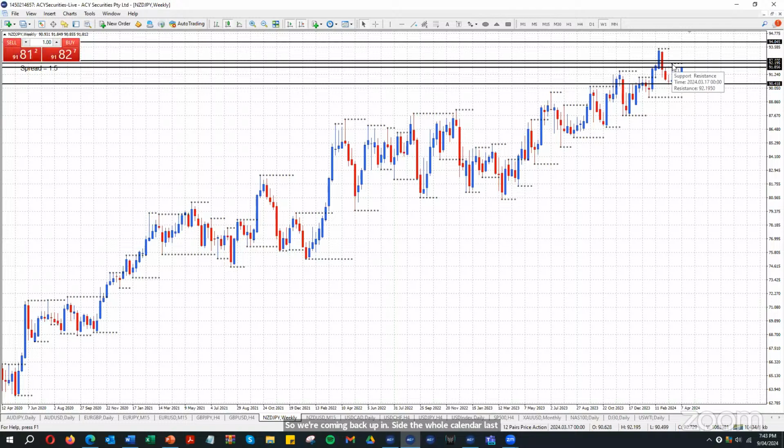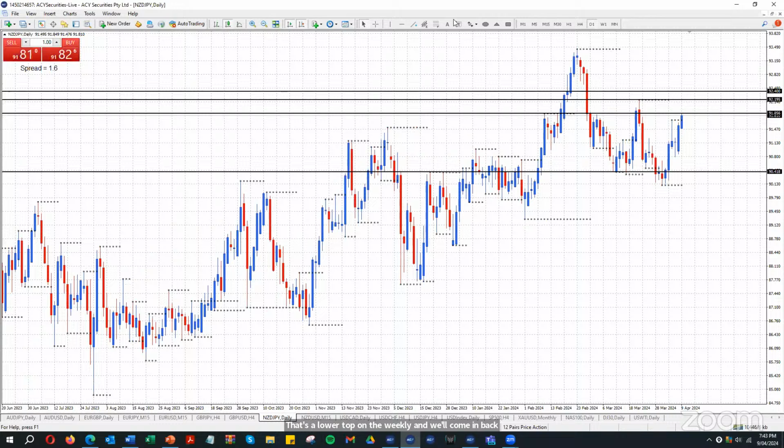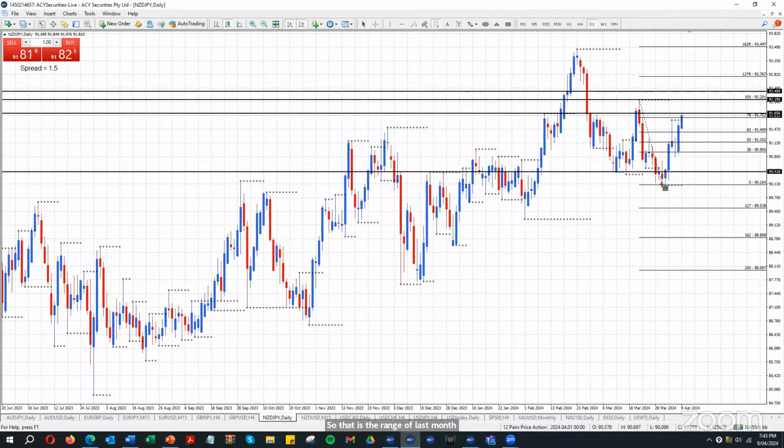That's a lower top on the weekly, and we're coming back up. So that is the range of last month. We're coming up to resistance, this area here. There's a little area there too, and there's a 79% area in there. But this is most definitely where this could want to hold.